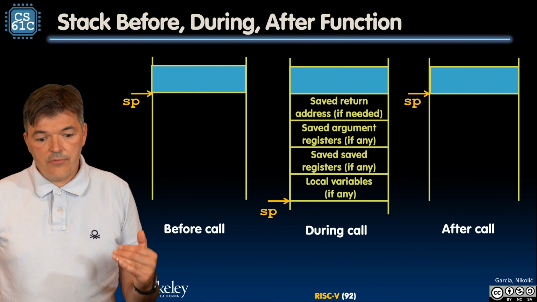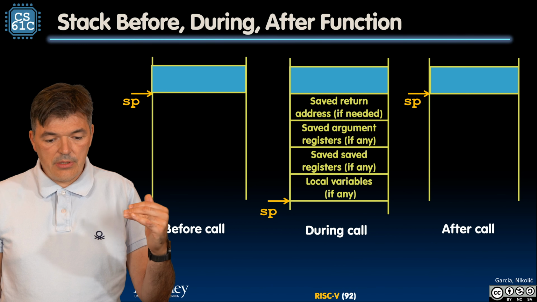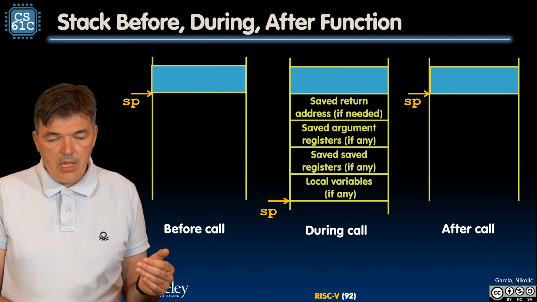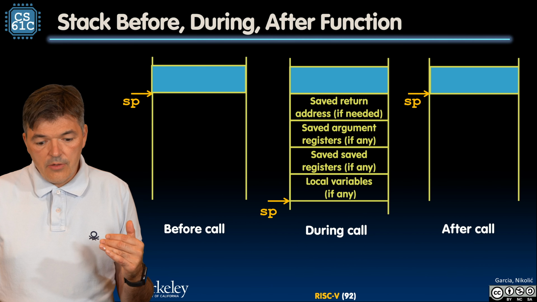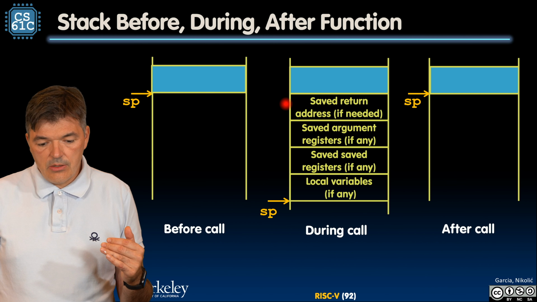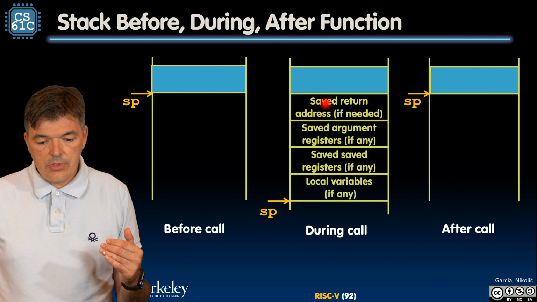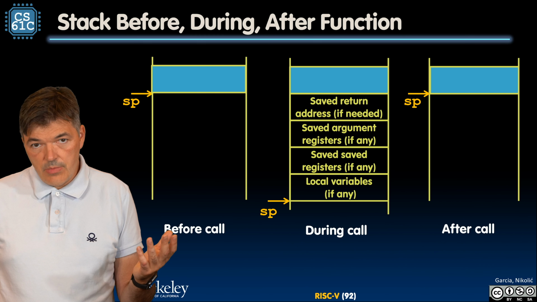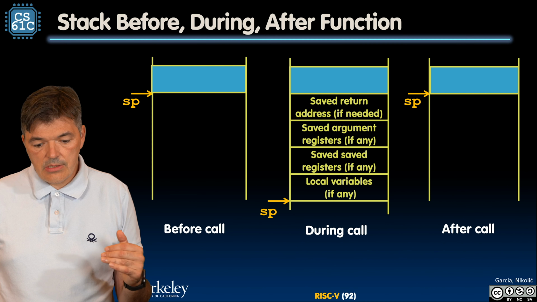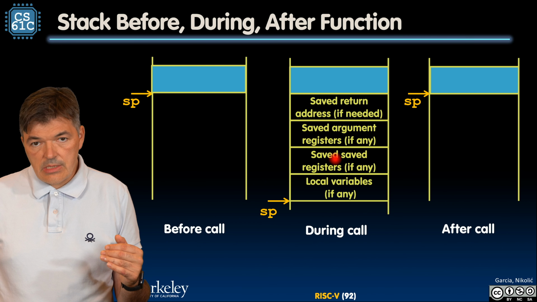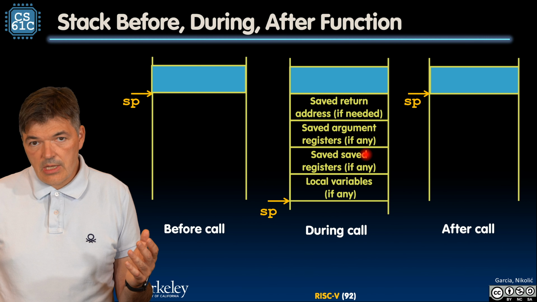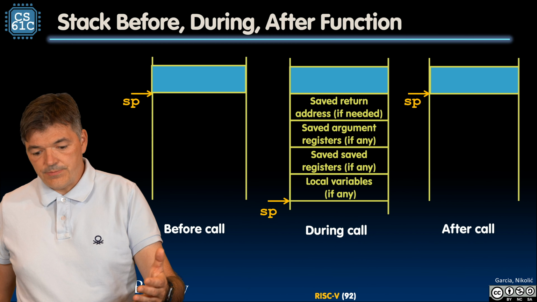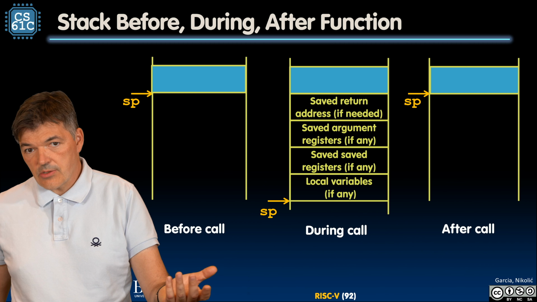We have seen this before. Before we call a function, the stack pointer is sitting at some address. When we call a function, we allocate space on the stack to save the return address, to save the arguments because they may get overrun by a nested call, and the saved registers need to be on the stack as well. In addition to that, any of the variables that don't fit in the registers will be there.